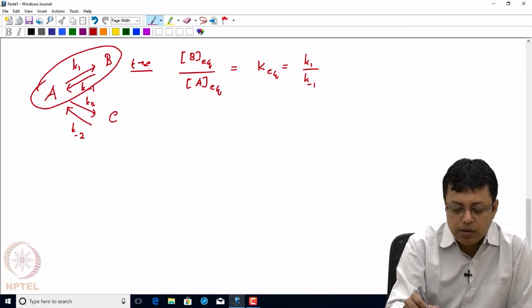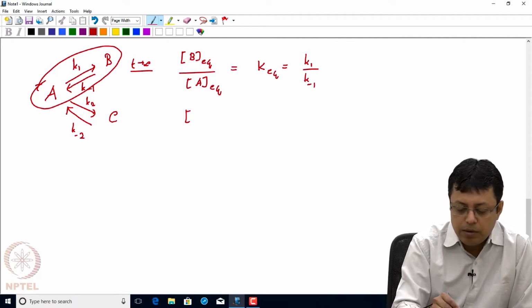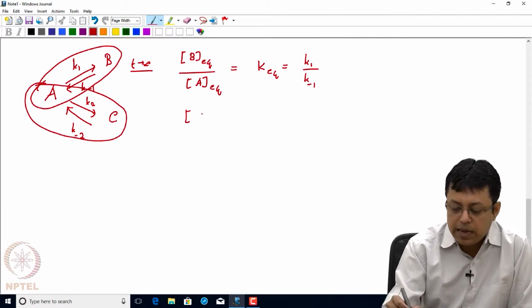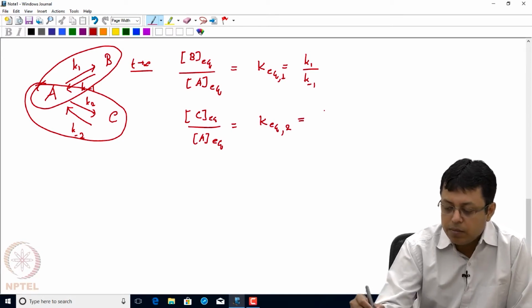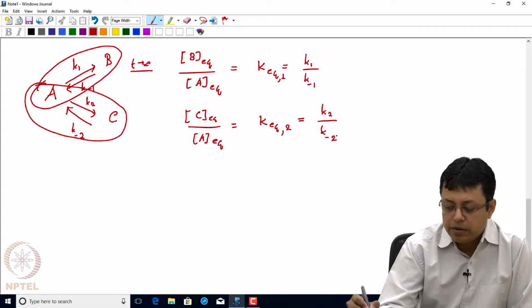We are discussing a very long time, when the equilibrium has been reached. Similarly, for the equilibrium A to C, the long time ratio will be dictated by something like this, just for the second equilibrium, and we can also write it as the ratio of the individual rate constants.